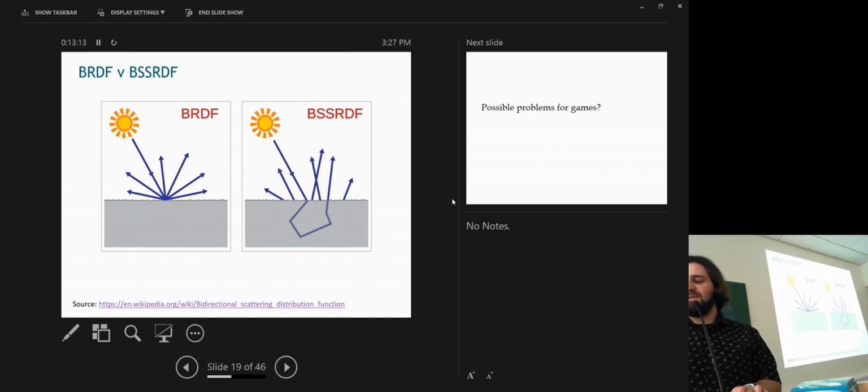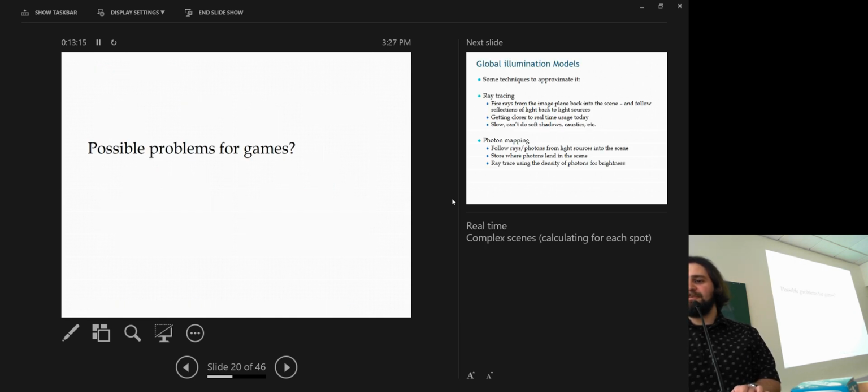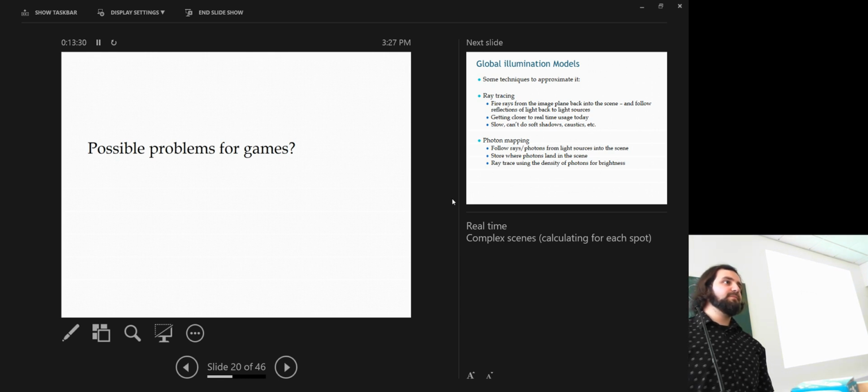But one very important question: why can this be problematic for gaming and what should you consider? Well, you want things to look realistic if you're making a photorealistic game, but if these functions are very computation heavy, it's a struggle to get them to run at 30 or 60 frames a second.